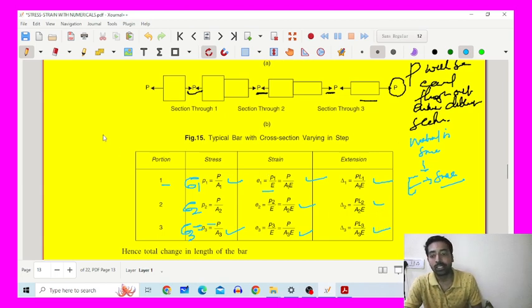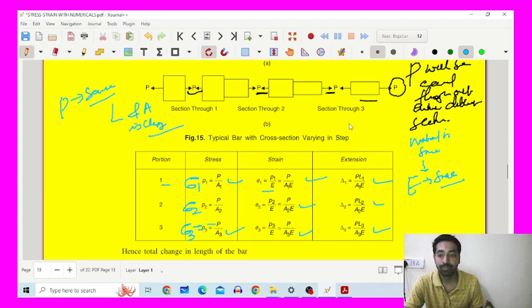Throughout the problem, length and area are changing. However, the load remains the same throughout the particular section.